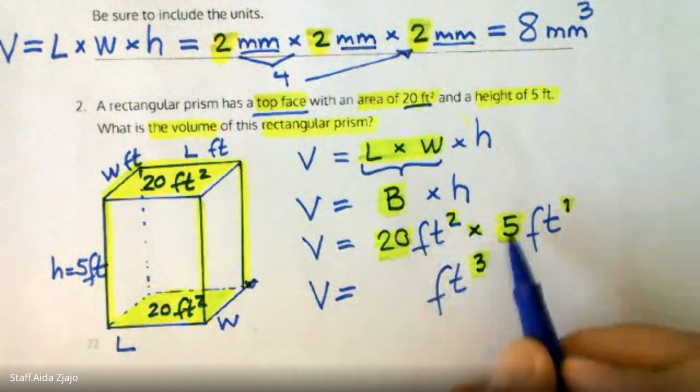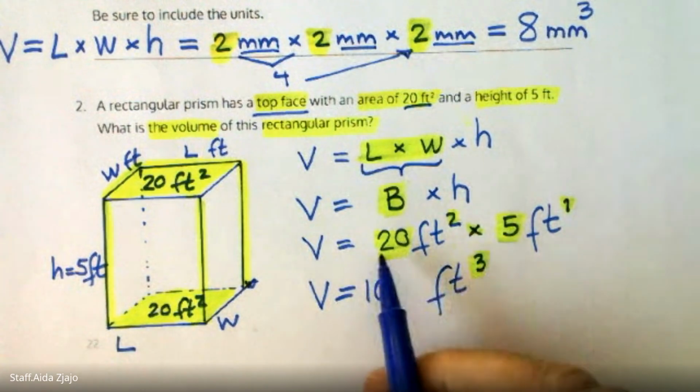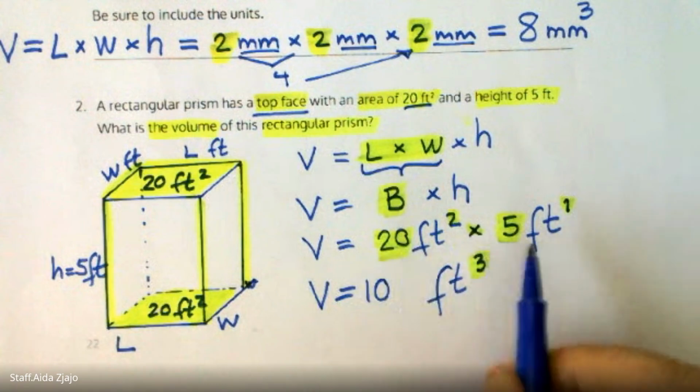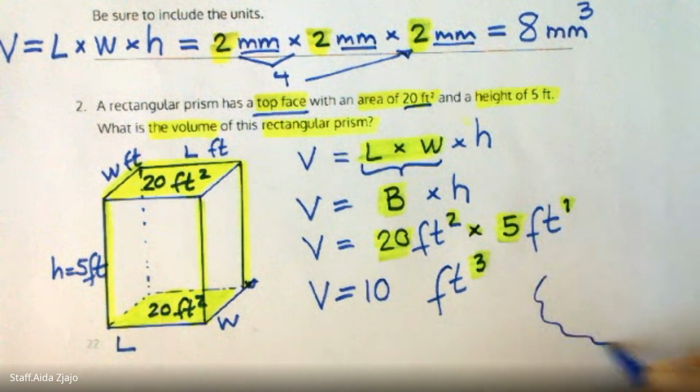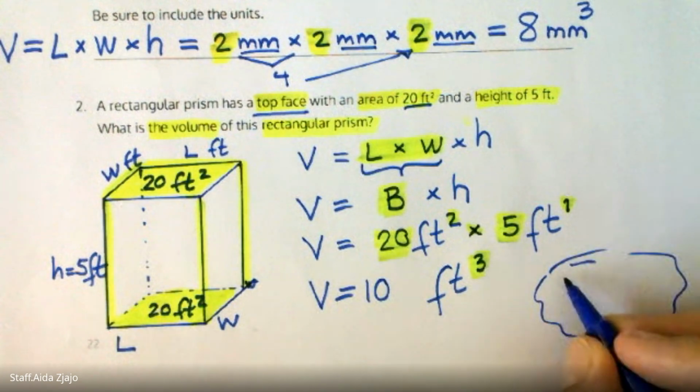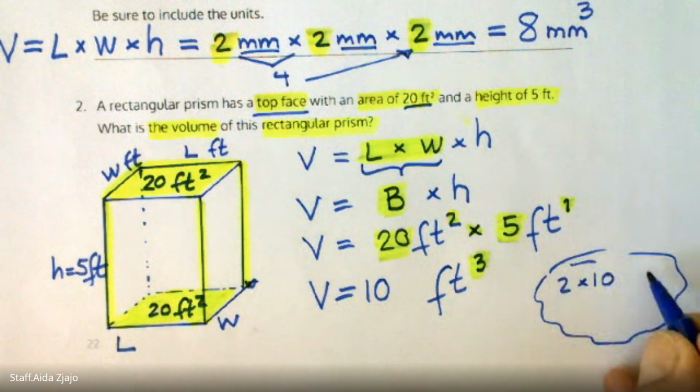Now 2 times 5 is 10. If I think of this as 2 times 10 times 5, if I use the bubble thinking, guys, I can think 20 is 2 times 10, and then I need to multiply by 5.